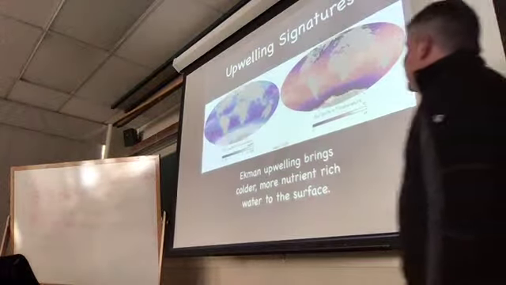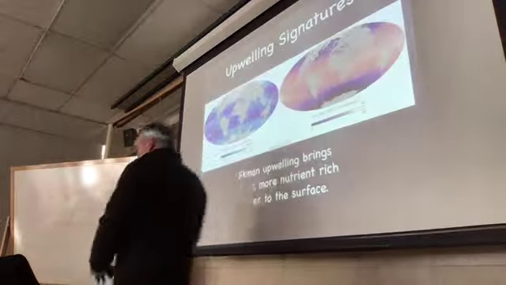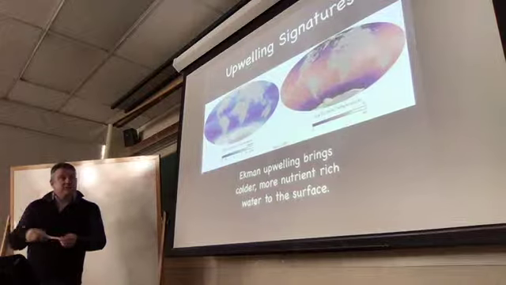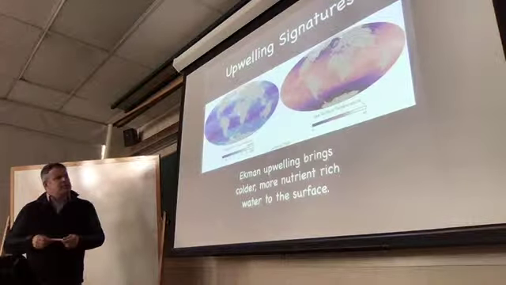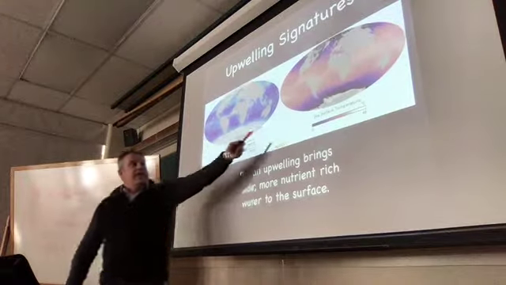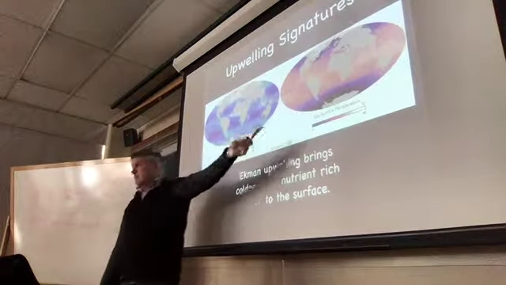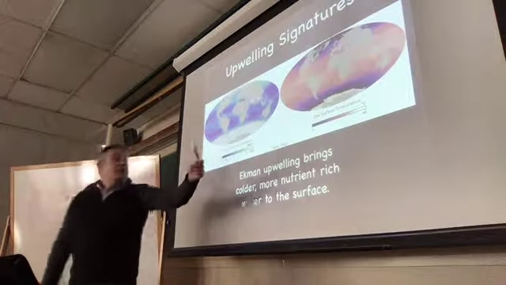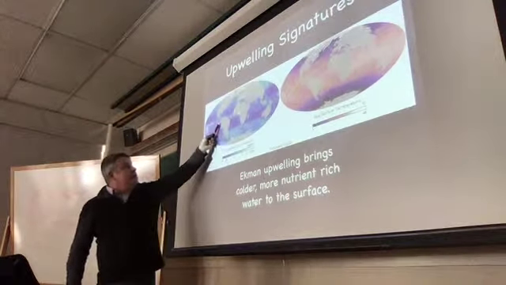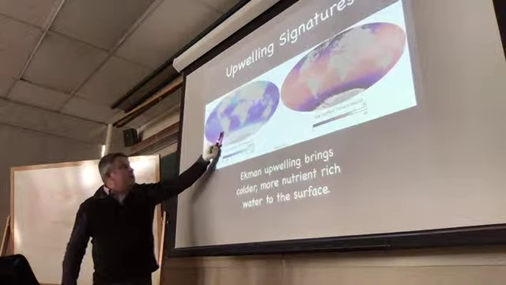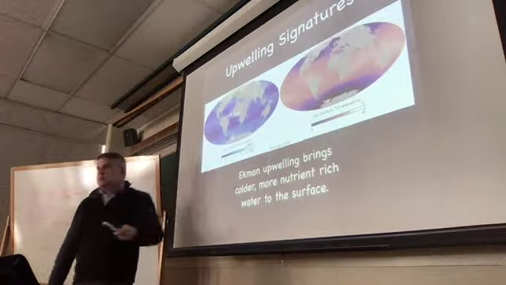So can we see this in the real world? Yeah, we can. So these are satellite movies from MODIS, which detects chlorophyll by ocean color, and detects sea surface temperature by ocean infrared color, if you like. Look at all these hot zones along the equator and along the eastern boundaries.